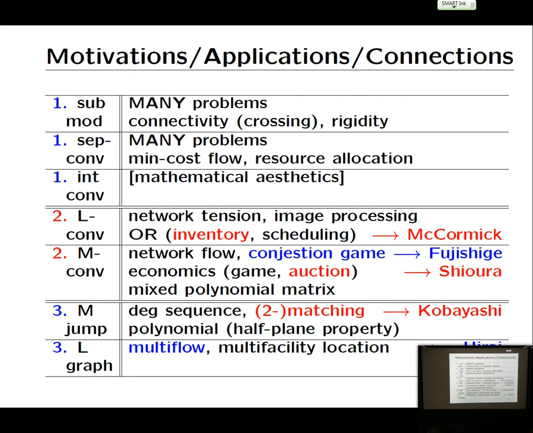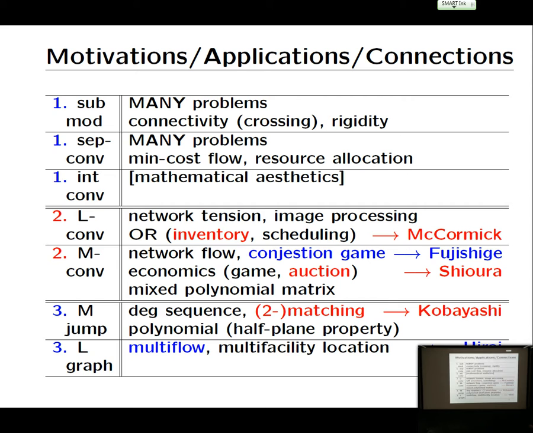Okay? And L and M convex functions are primarily motivated by the network flow problem, the single commodity network flow problem. But it turned out that L convex functions are now used in image processing because the energy function there is a typical L convex function.